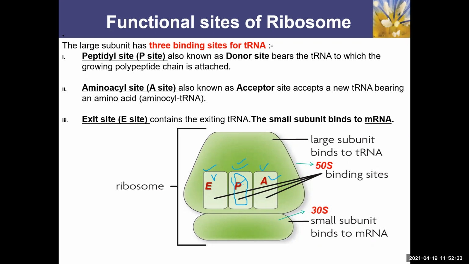So remember, this is an important point to note down: the only charged tRNA that enters the ribosome through the P site is tRNA F-methionine. That's the only one which enters here, F-methionine, or methionine in the eukaryotes. Then the second one will come into the A site.